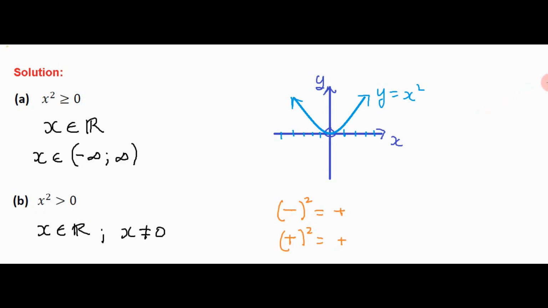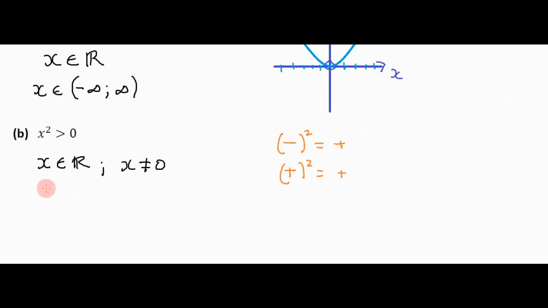We can once again express this in interval notation as follows. So x will be an element of these two intervals. The first one will go from negative infinity to 0, but excluding 0. So we use round brackets to exclude 0.